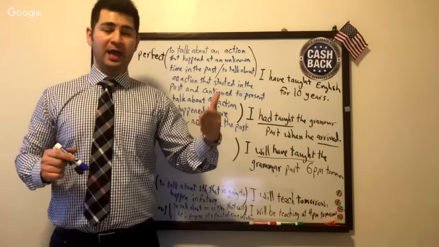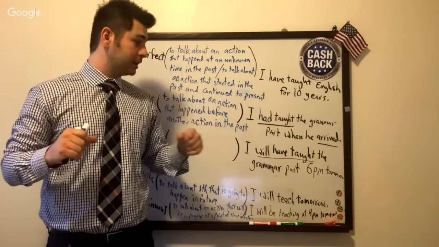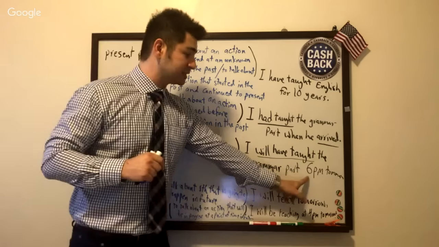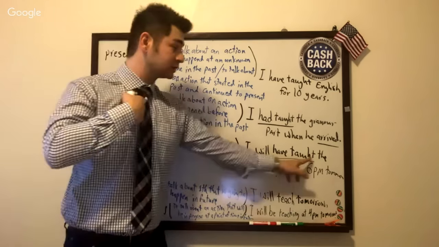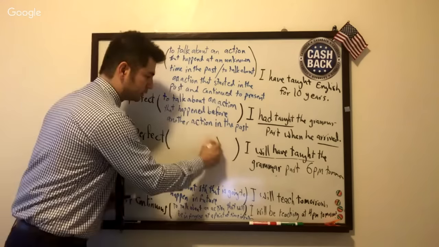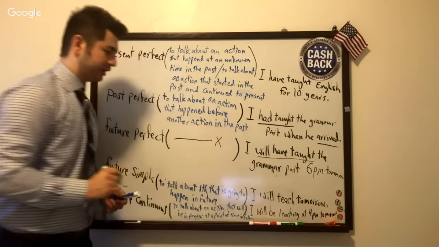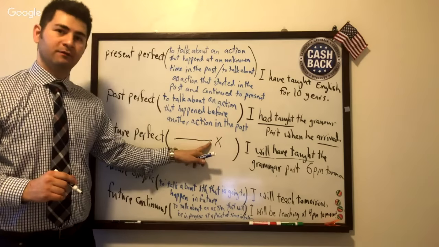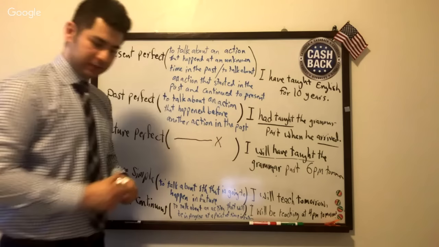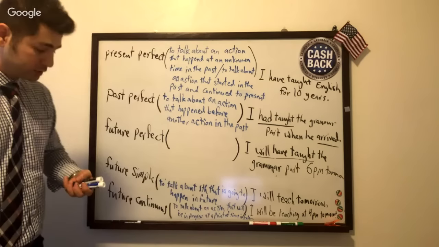The classes are at 4 or 5 p.m. We are already finished by 6 p.m. tomorrow. I will have taught the grammar point. Before 6 o'clock, we will finish here. So we will have finished the lesson tomorrow.